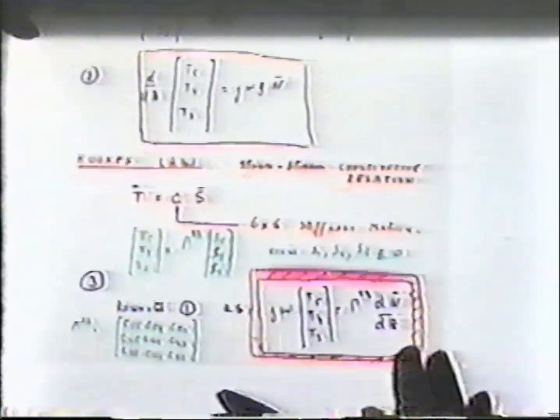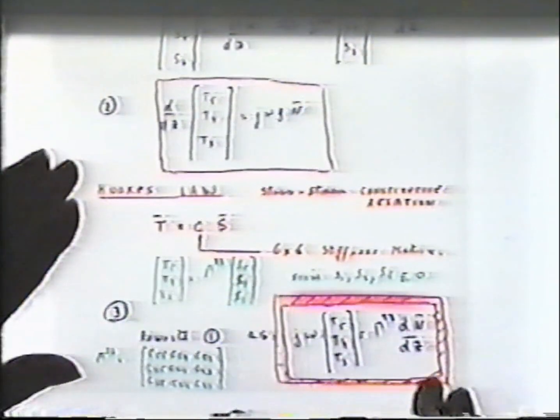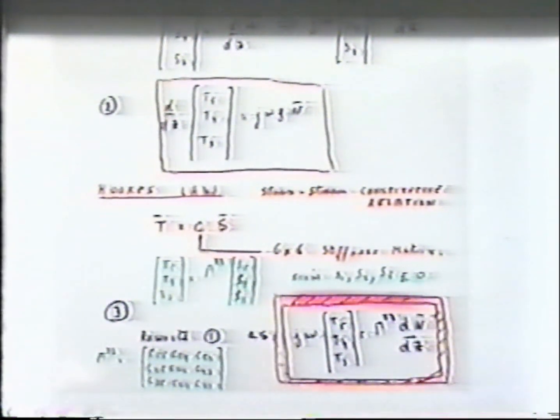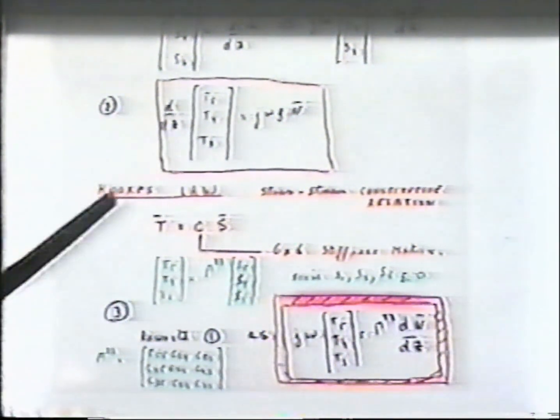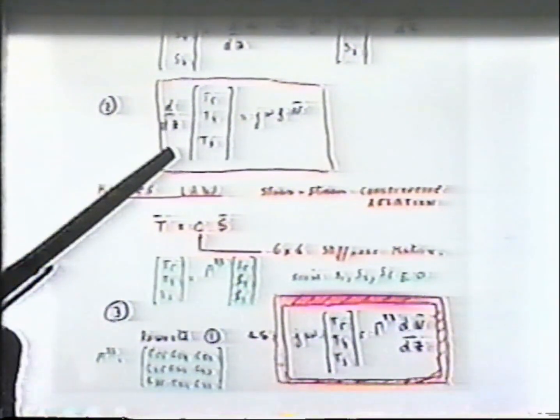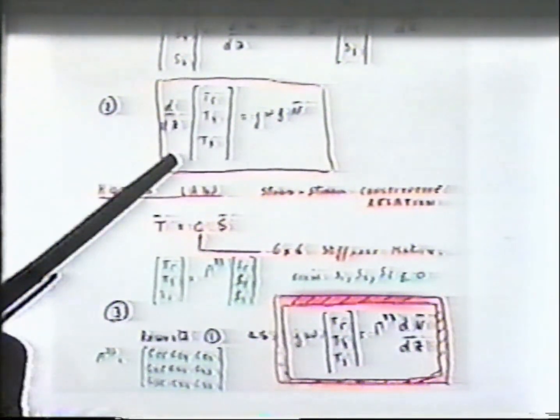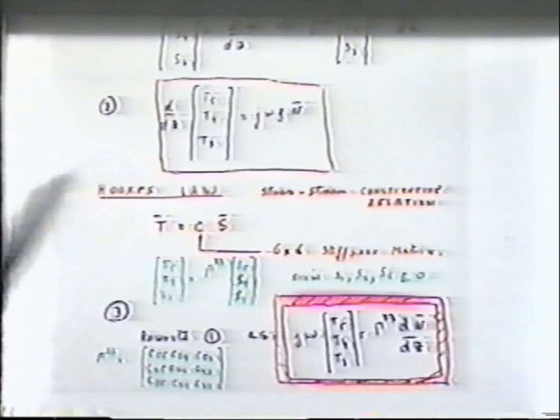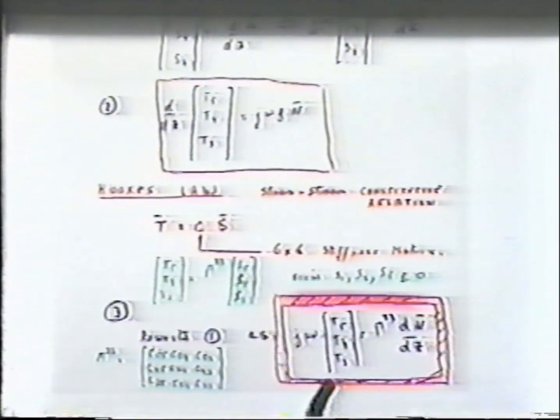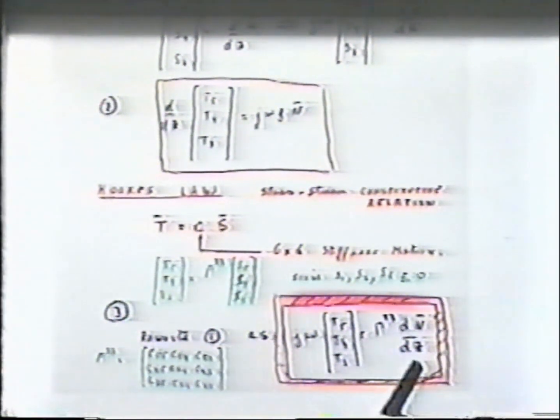And I think these are, from the bulk wave point of view, the important things to look at, because I now have a first-order differential equation relating the stresses to the velocity, and another equation relating the stresses to the velocity.